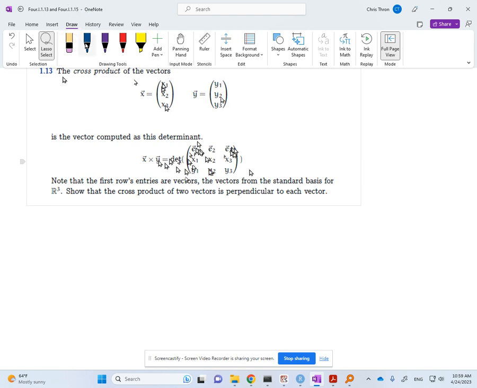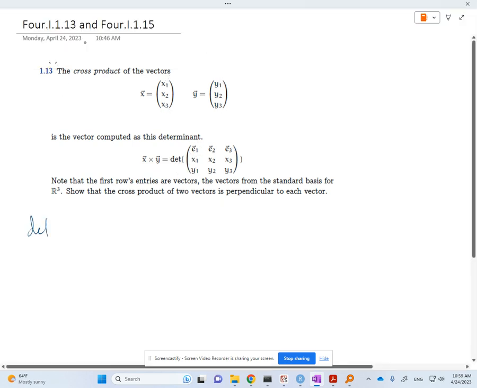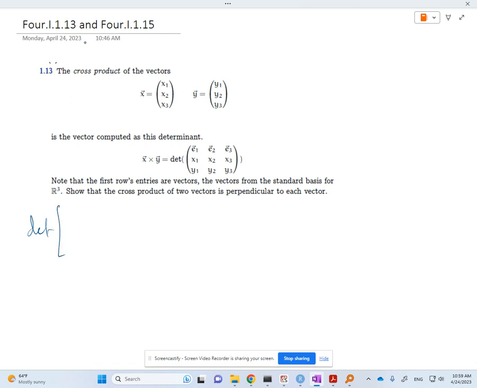All right. So what is meant by this is you take the determinant of this thing here, E1, E2, E3, X1, Y1. Right, X1 and Y1 are not vectors, they're numbers, X2, Y2, X3, Y3. Okay.